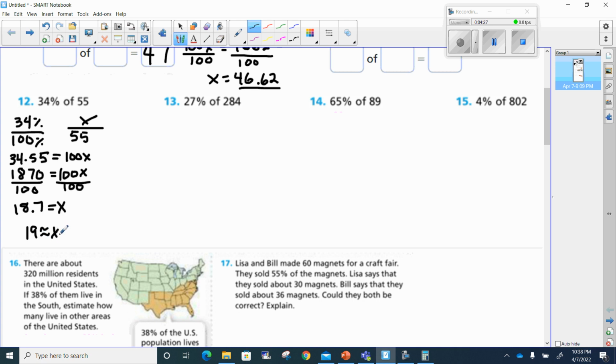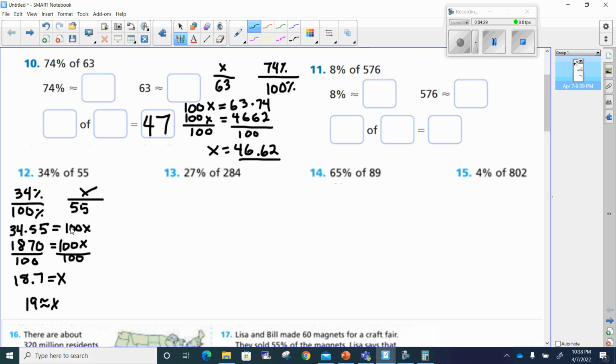I know this curvy equal sign means about, right? Close to. So I guess over here I could have put that x was estimating close to 47.